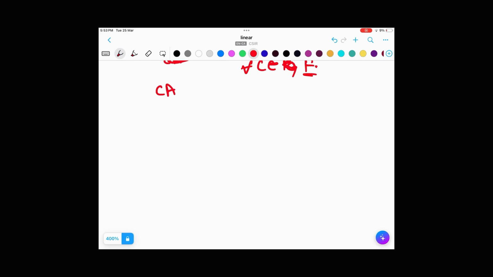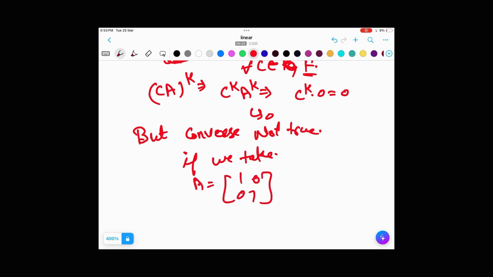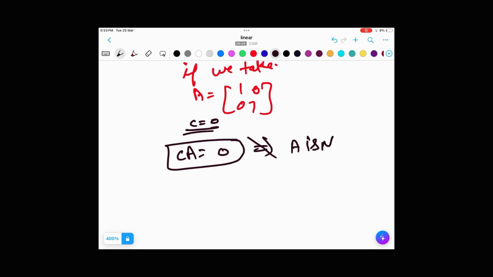C A whole to the power k equals C to the power k into A to the power k, which equals 0, since A to the power k is 0. But the converse is not true. If we take A equal to [1 0; 0 1] and C equal to 0, then C into A equals 0. It does not imply that A is nilpotent, because A is the identity matrix, an idempotent matrix.